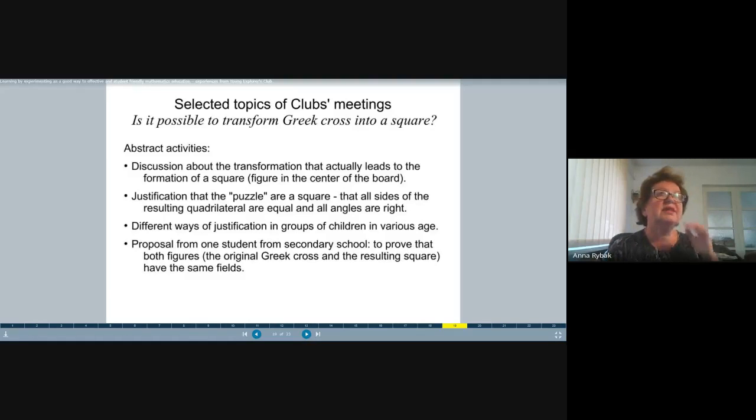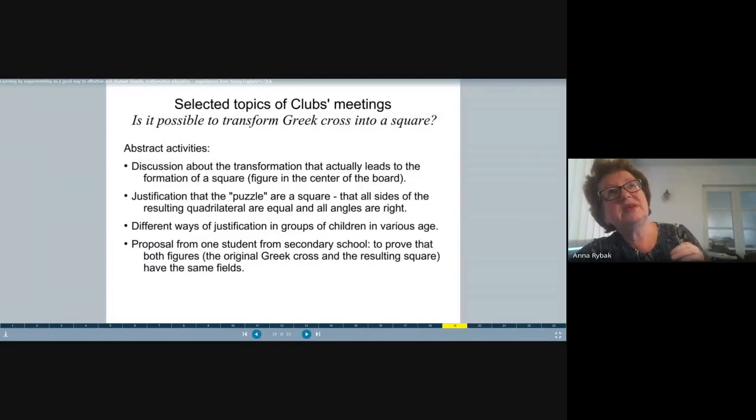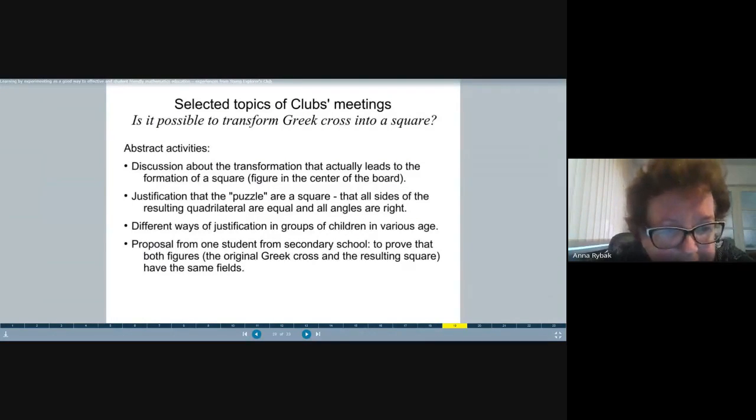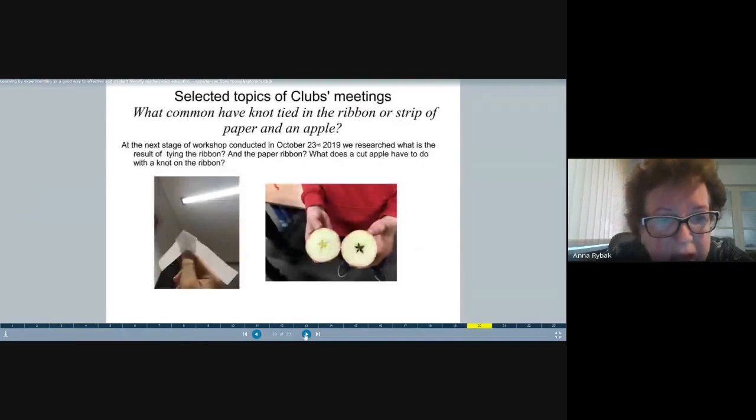Justification using mathematical ideas that we received the square required some discussion on different levels. So it was a very interesting discussion between kids of different ages, on different levels of mathematical knowledge. Okay, the next, please. And here there is a pentagon, and here there is pentagon 2.